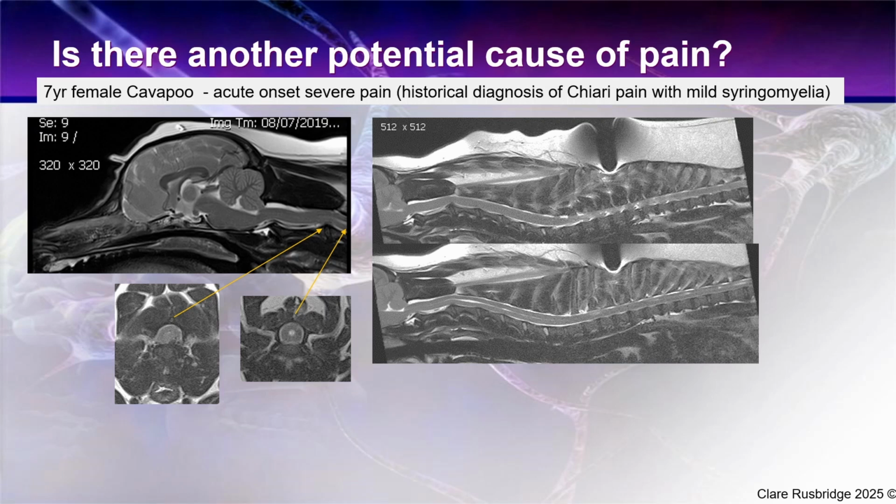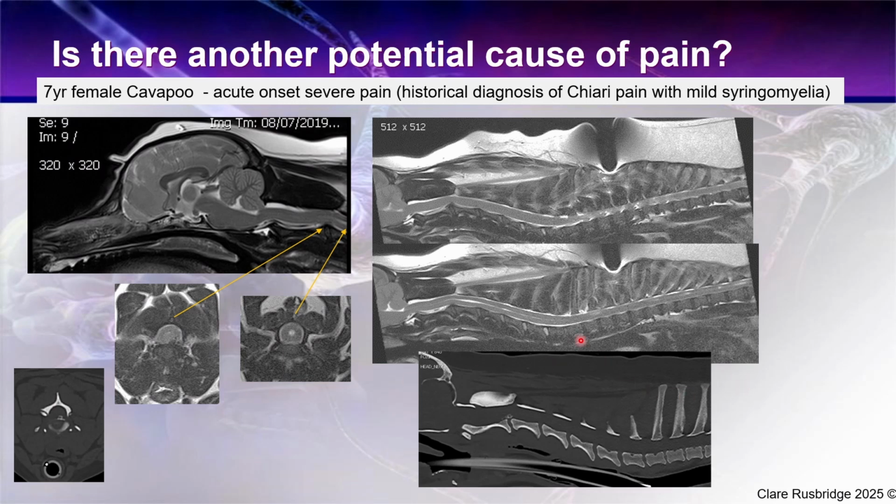We also need to make sure that there isn't another potential cause of pain when we're doing the imaging. Don't just make assumptions. In this particular dog, she actually had a slipped disc extrusion, and we can see this slight little bulge here, which you might not think is that exciting.